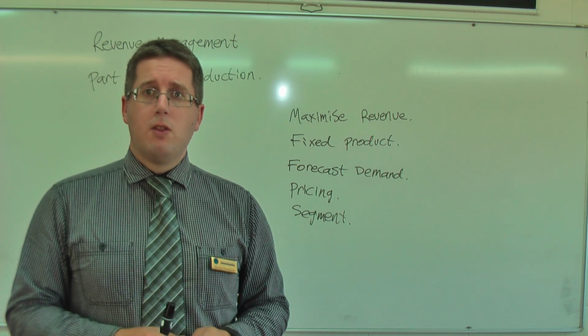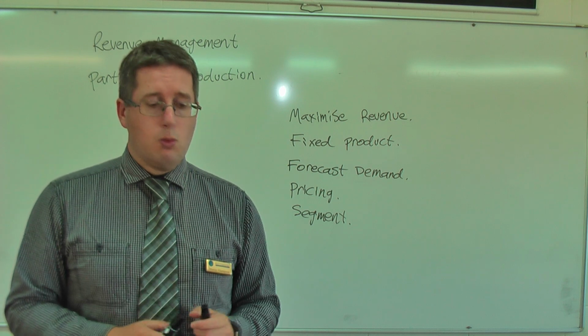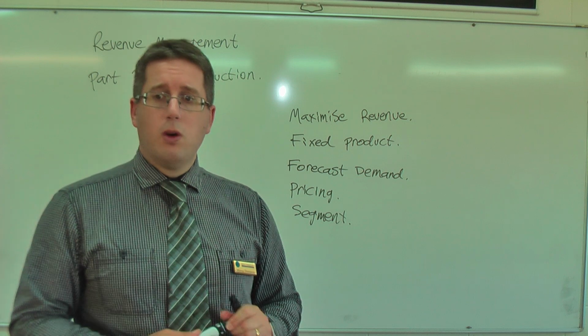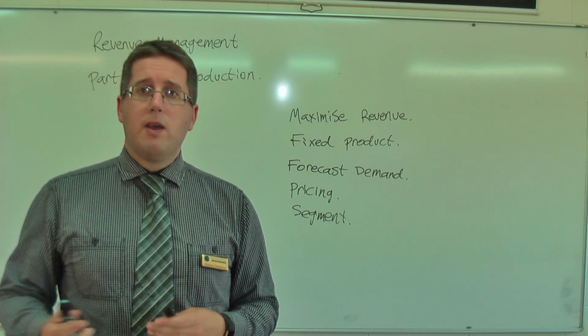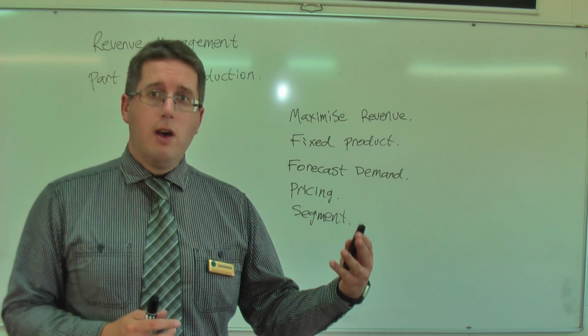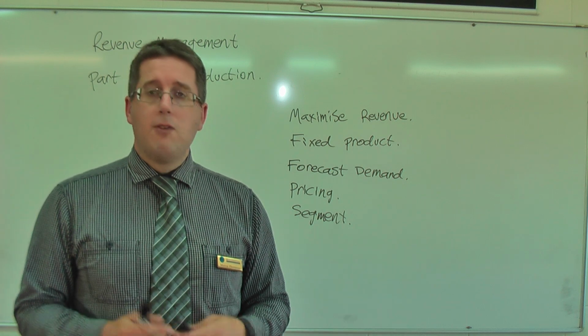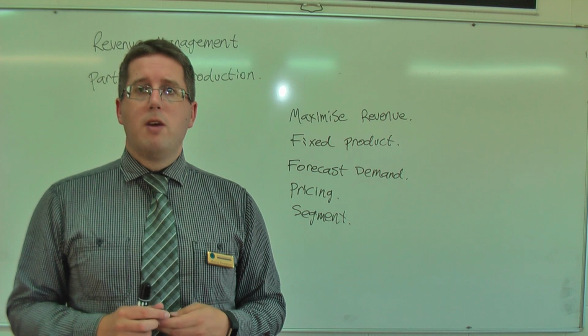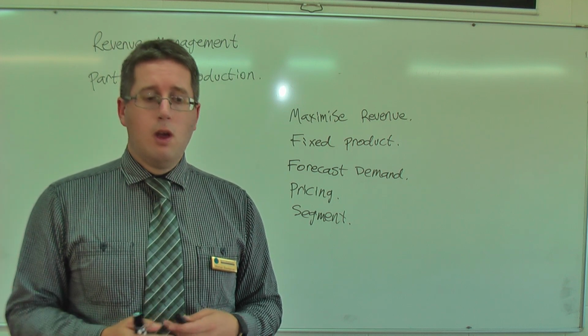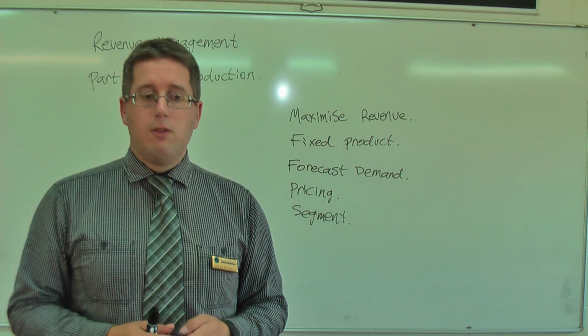We have to be able to do that to do revenue management well. We need to look at economic conditions as well. What are the impacts of factors happening outside of our organisation? And finally, pricing. What are some pricing policies that we can use to help increase our revenue?